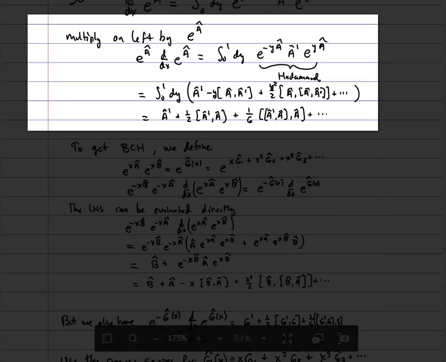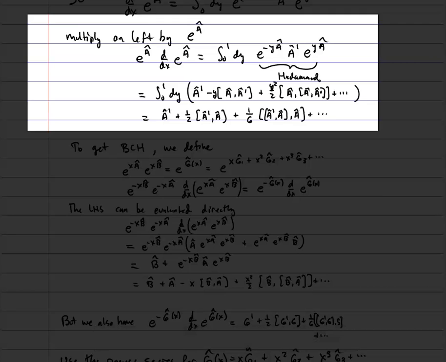I'm sorry, we can actually do that integral. Integral from 0 to 1 of y is just equal to 1/2. Integral of y squared is just equal to 1/3, and so forth. You can see I'm starting to get things that are going to look like 1 over n factorials for those coefficients.